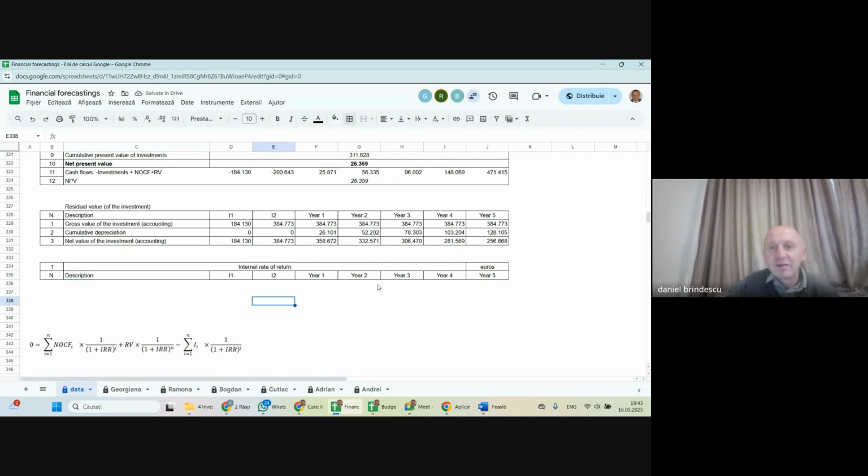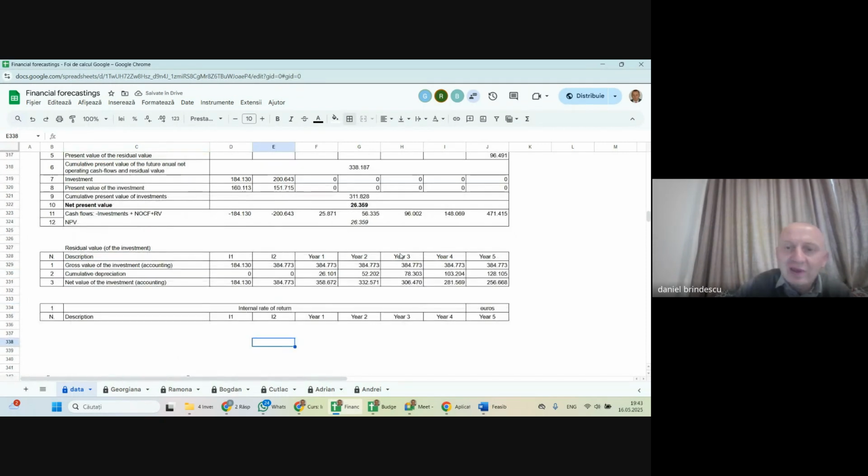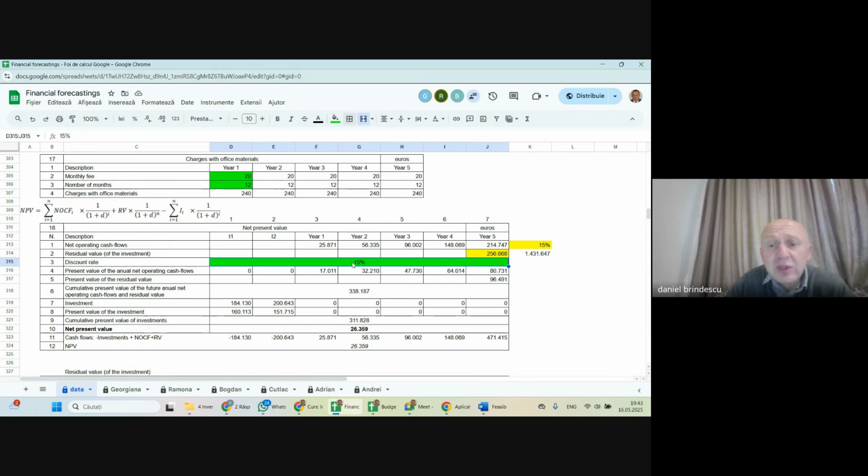I was saying that if the net present value is more than zero, a positive value, that means that we are able to recover our capital. We get our expected return equal to the discount rate and something in addition. So really the rate of return of the investment is greater than the discount rate.